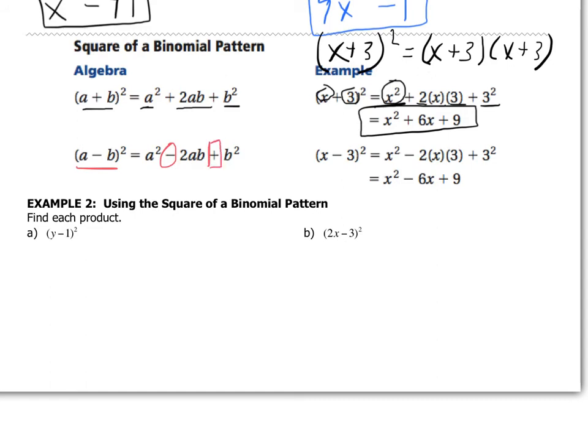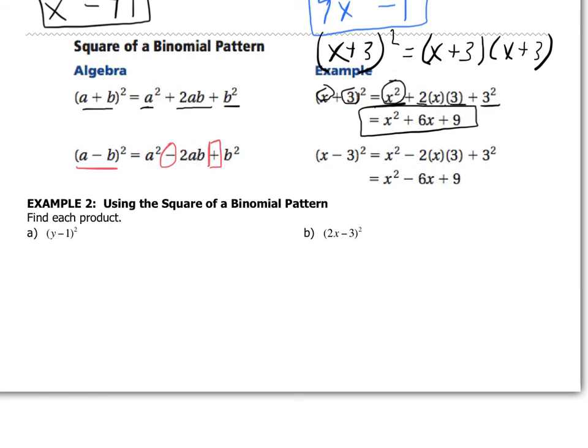And if you think about that, reasoning being that a minus b times a minus b, if I was to do the FOIL out, those last terms would be negative times a negative to get back to that positive. And you can certainly see the example next to it. x minus 3 becomes x squared minus 6x, but still plus 9. So here's our two examples.